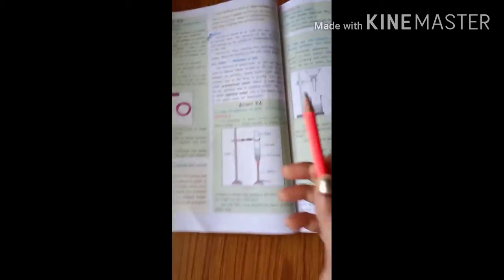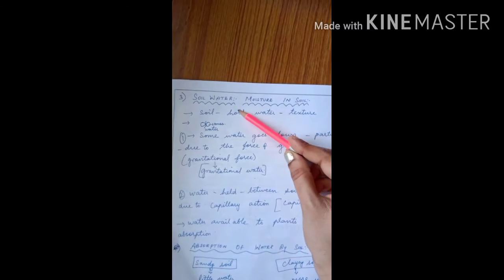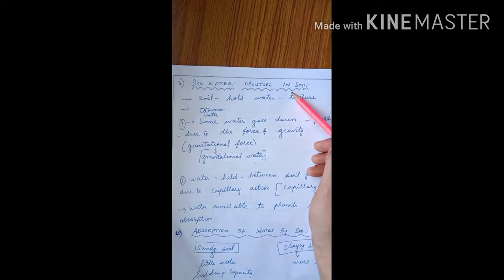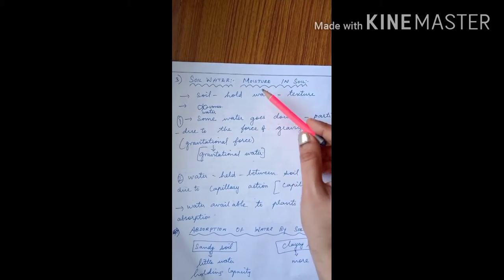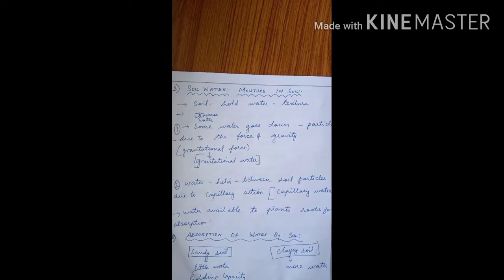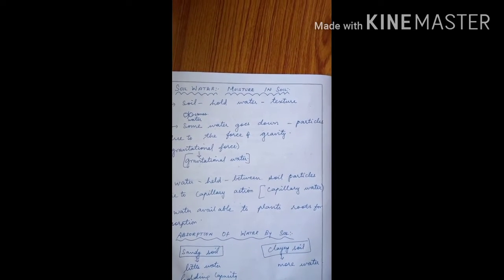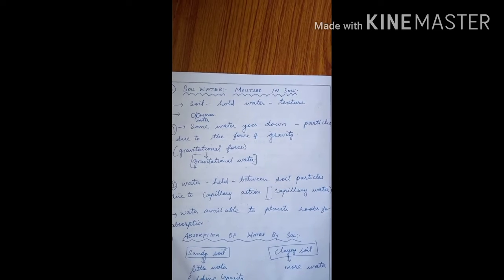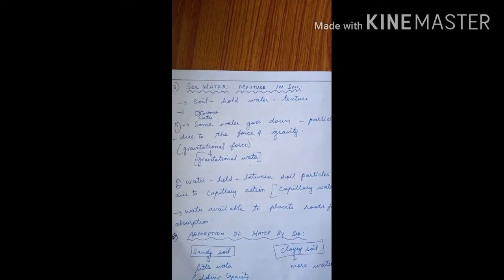Next, soil water. Soil water means the moisture present in the soil. How much water the soil holds depends upon the texture of the soil. What is meant by texture? The feel or appearance of the soil is called the texture.